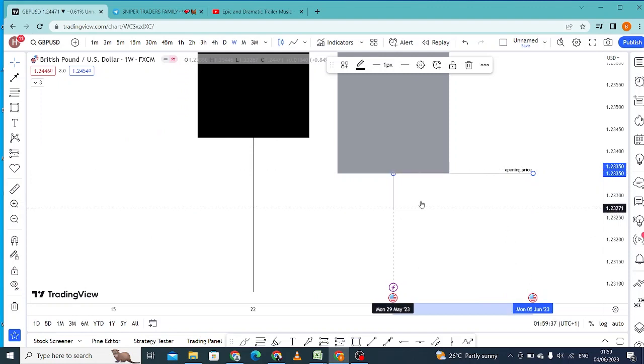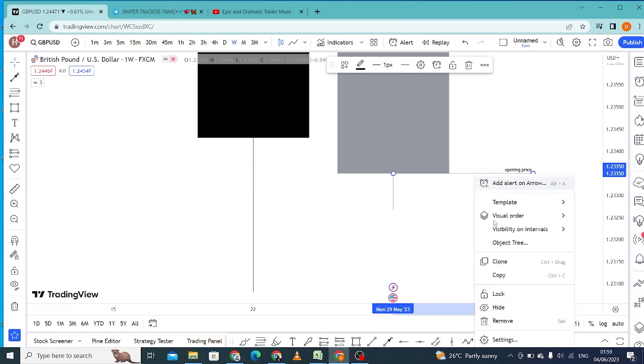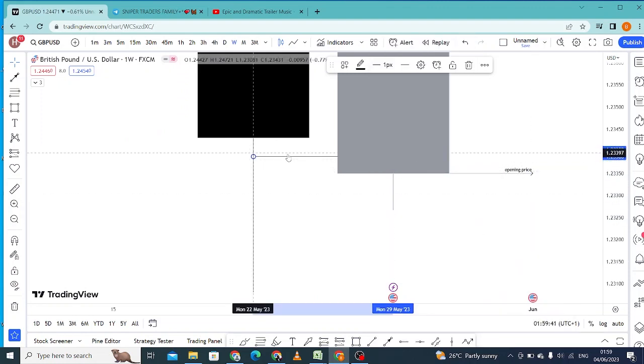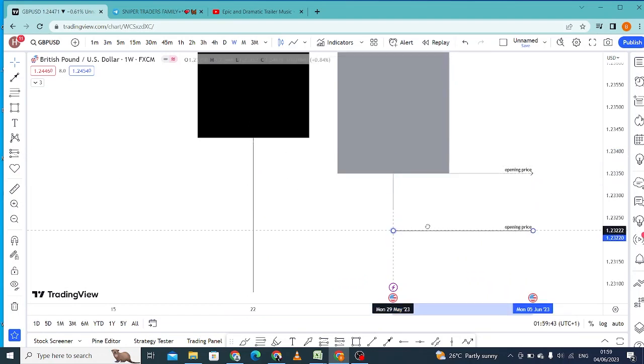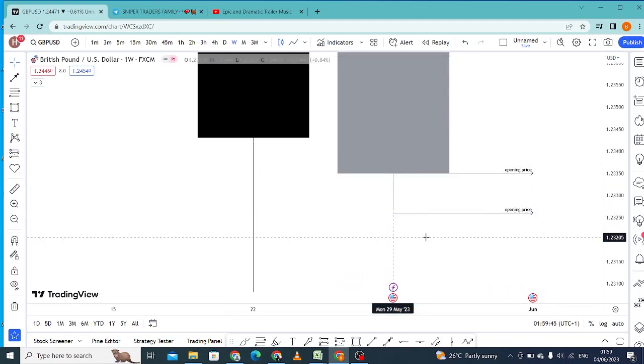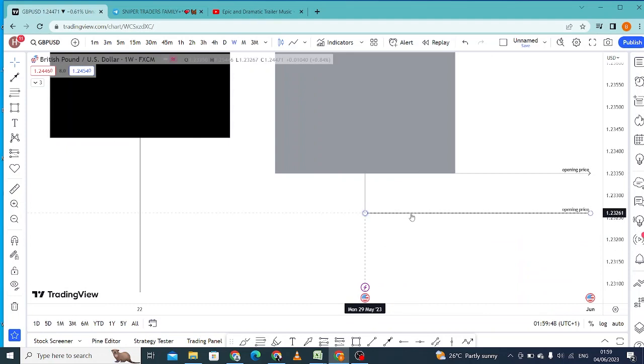Look at the low here. Let me use this, the low of the week here. I'm trying to allow you guys to see it clearly.